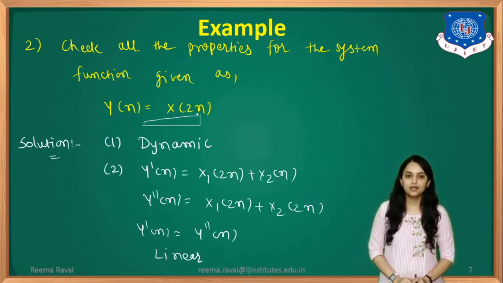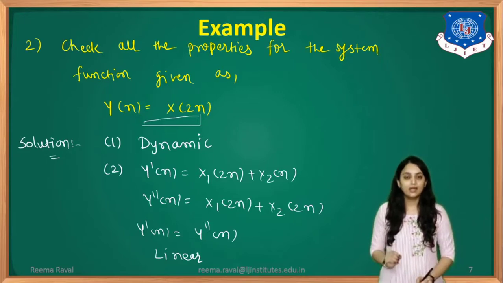So first property is to check whether the system is static or dynamic. To check this, we know the concept of present, past or future values, right? Here it indicates 2 into n. If I take n equals 2, the system function becomes x of 2 into 2, that is x of 4.